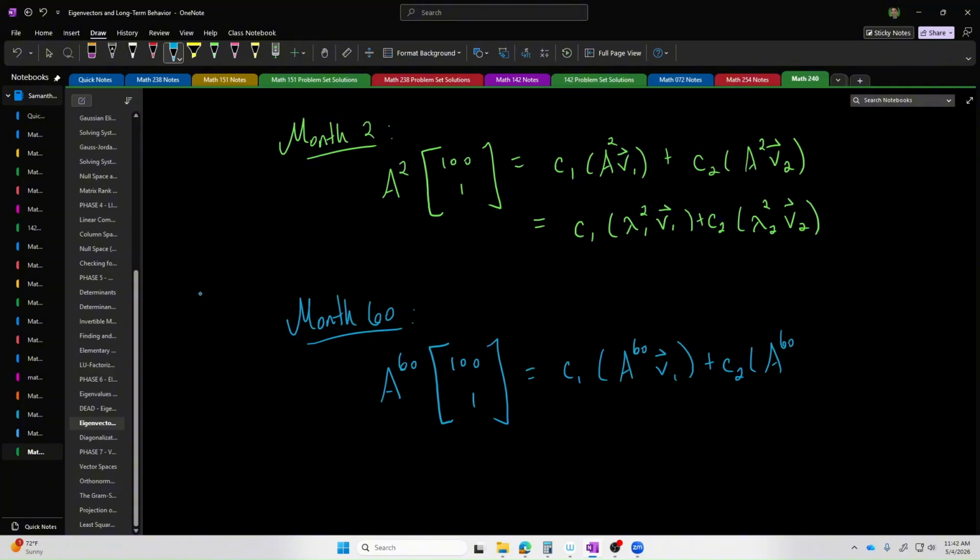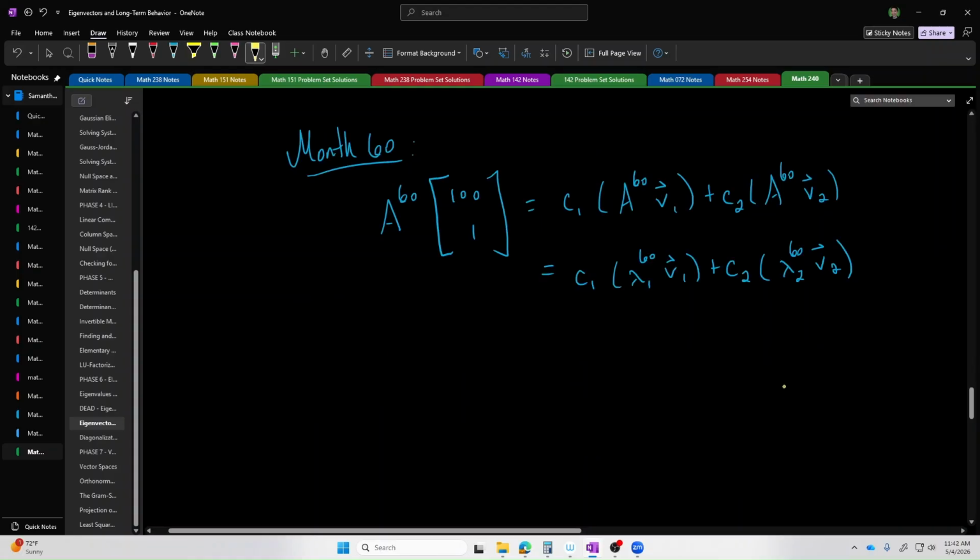And every time the eigenvector is multiplied by A, we can rewrite that as being multiplied by its eigenvalue: 60 copies of lambda 1 times V1 and 60 copies of lambda 2 times V2. So let's go ahead and replace this abstract lambda 1 V1 and this abstract lambda 2 V2 with the specific values of lambda and V that we found earlier.